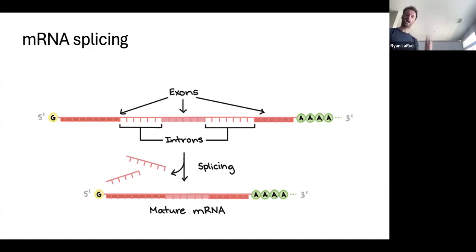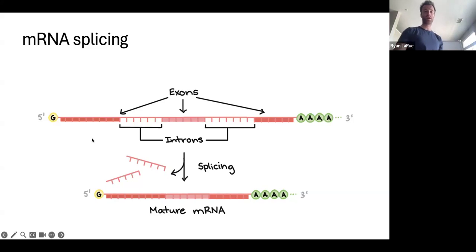Essentially, when you have a gene, which is DNA, and remember, genes code for proteins, as we know, there are actually stretches within the gene, sequences within it, that aren't going to be part of that final protein product. We call those introns.